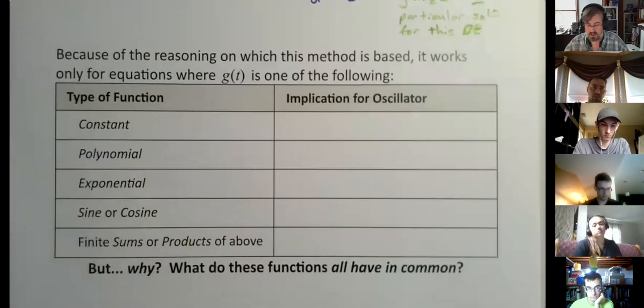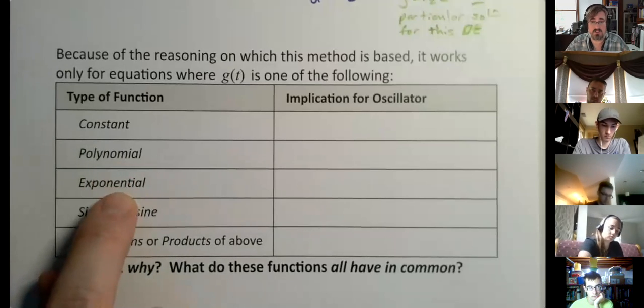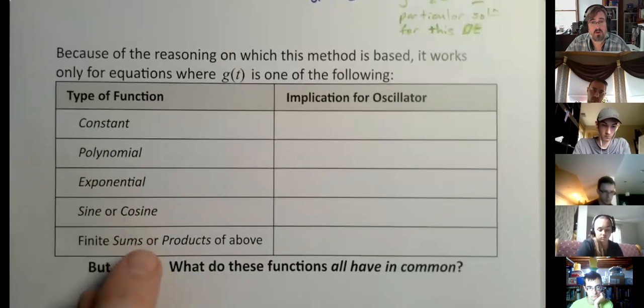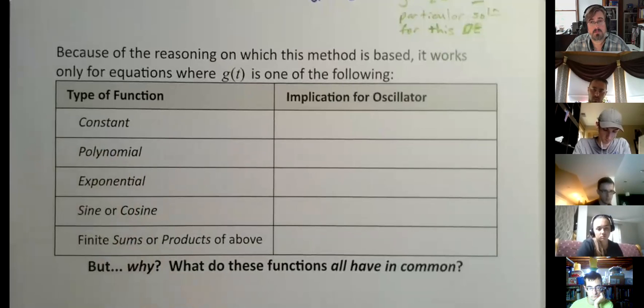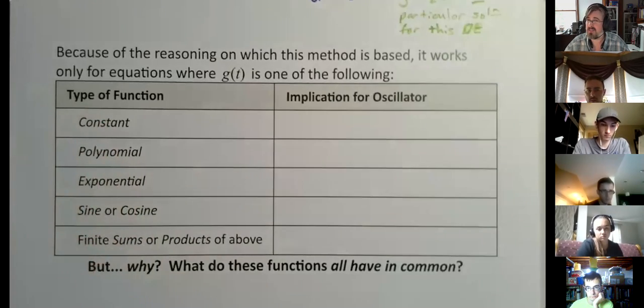So it works for your constant function, or polynomial function, or exponential, as we just saw, sines and cosines, or sums and products of the above. But that's pretty much it. If your forcing function is not one of these, then this method is probably not going to work so well.